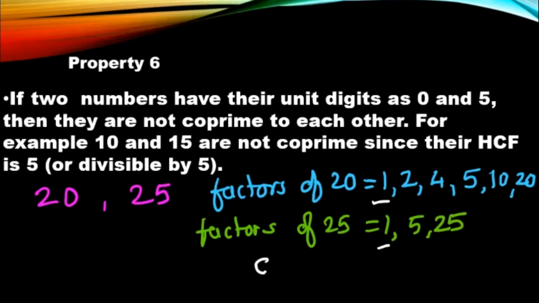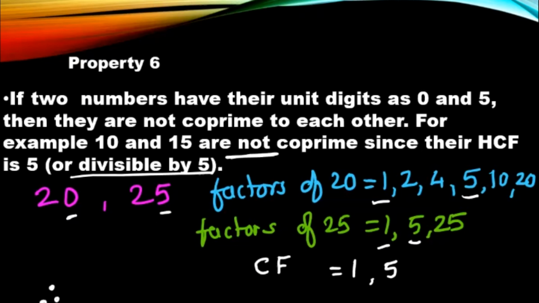Children, here if we find out the common factors, then 1 and 5, means 2 common factors we are getting here. That means these two numbers are non-co-prime numbers, because these two numbers are divisible by 5 also. That's why these two numbers are not co-prime numbers.